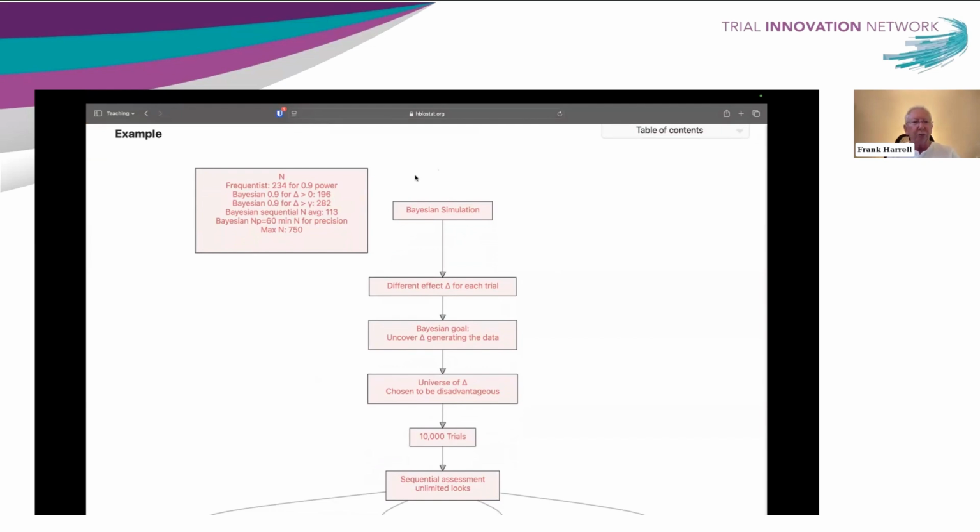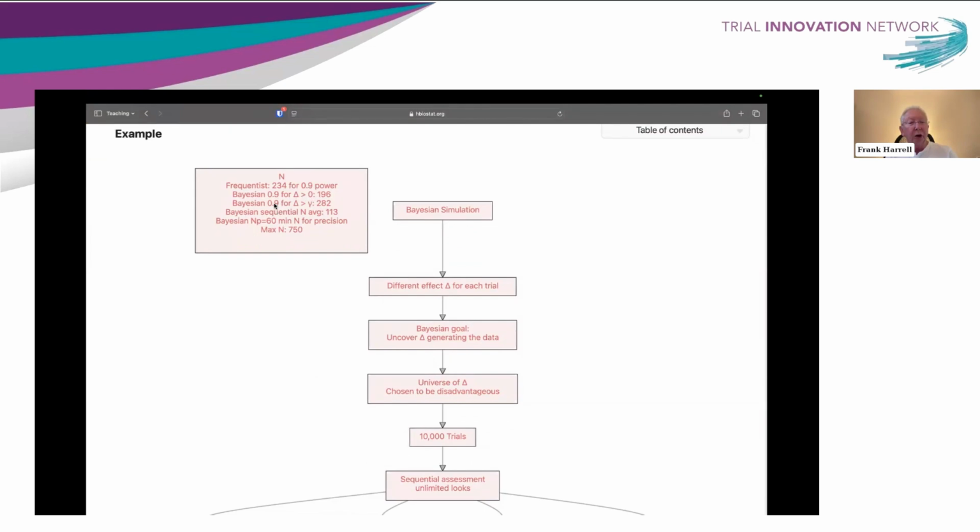So we're making it just simple. And if you do a frequentist power calculation, for a frequentist power of 0.9, it required 234 total patients in comparing. This is a two-group parallel group randomized trial. A Bayesian power of 0.9 for concluding any efficacy required 196 patients.